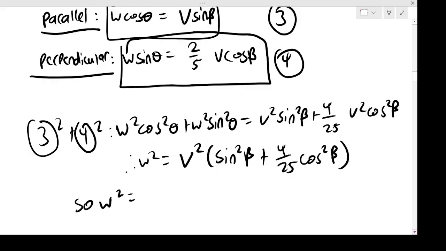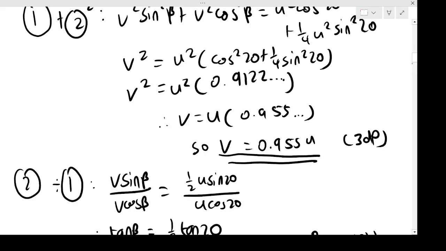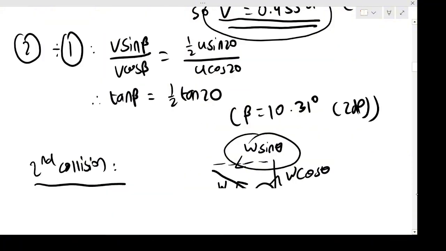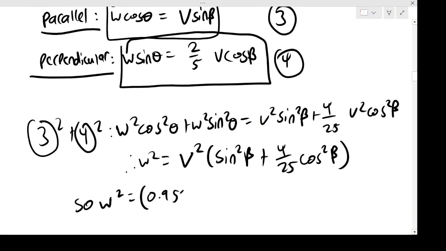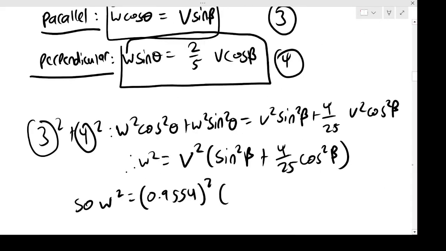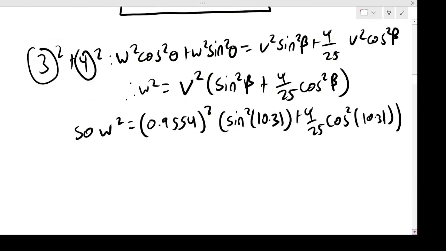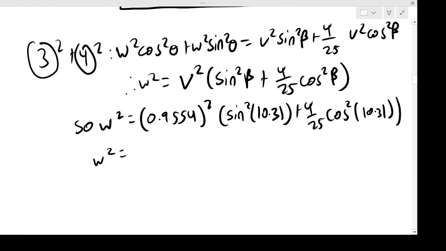So W squared, now V we do know, it was 0.955 U. I'm going to sub that in here, and that'll be squared. Then we're going to have sine squared beta. We know that beta is 10.31, and then 4/25 of cos squared of that 10.31. At that point we're just going to crunch it all on the calculator.